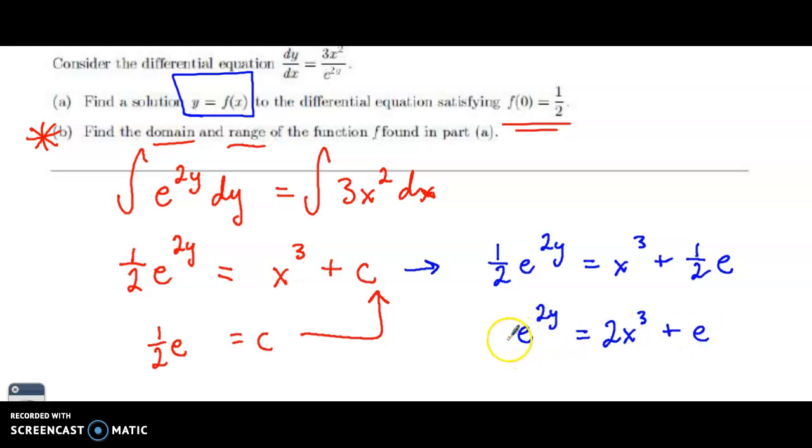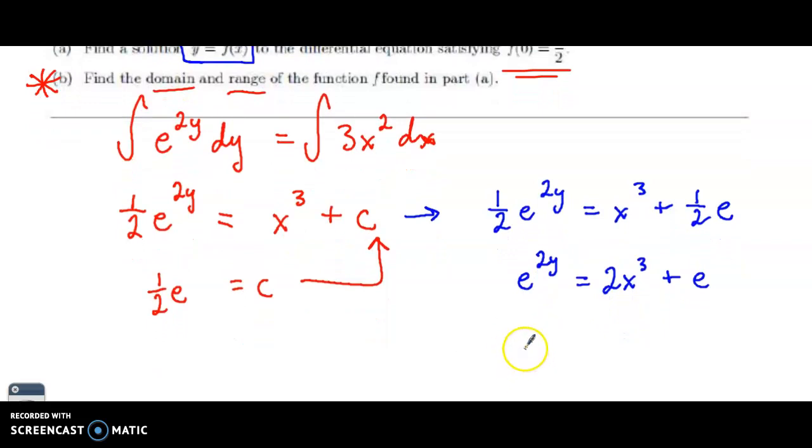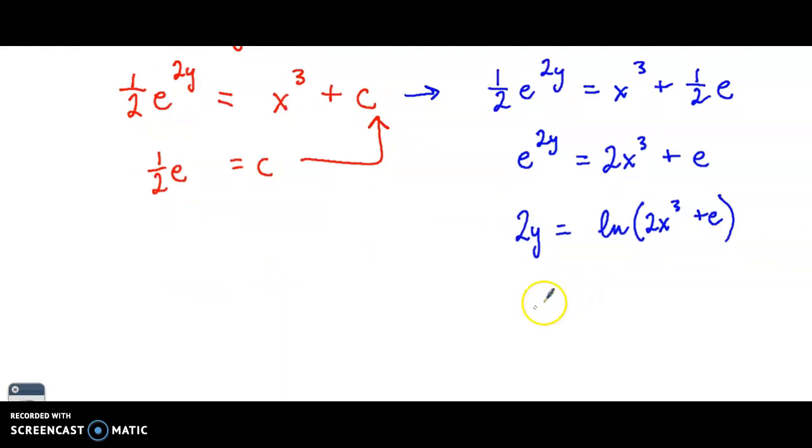Let's get rid of the e by taking the natural log of both sides. So we're looking at just 2y is equal to the natural log of 2x cubed plus e. And then divide everything by 2, or you can multiply by 1/2.